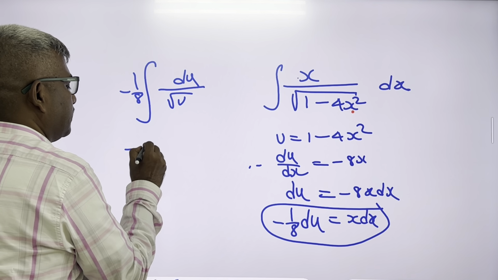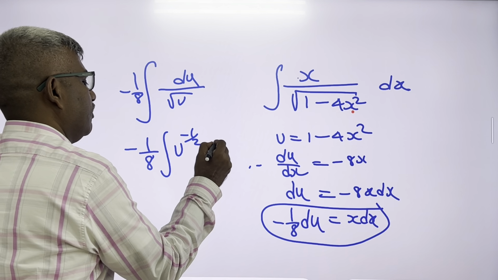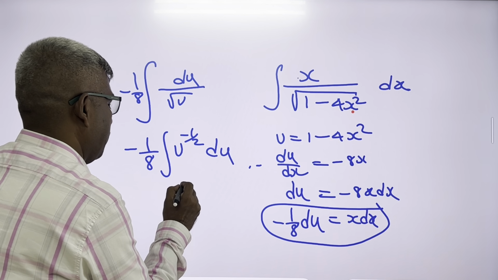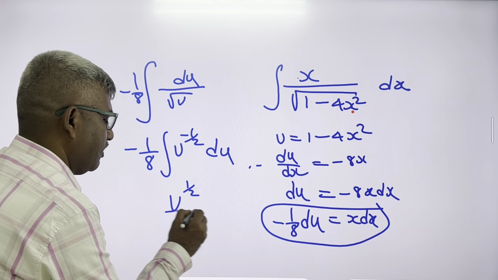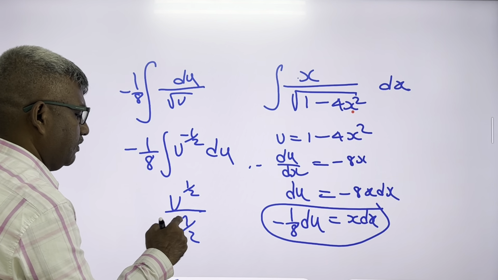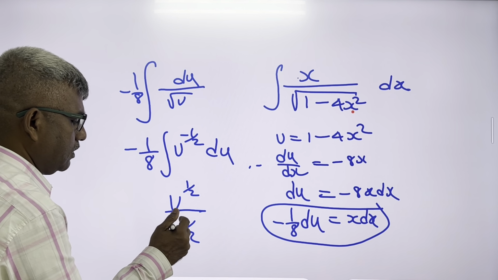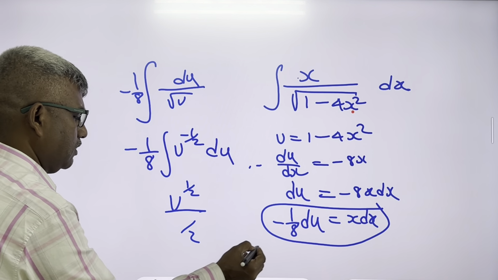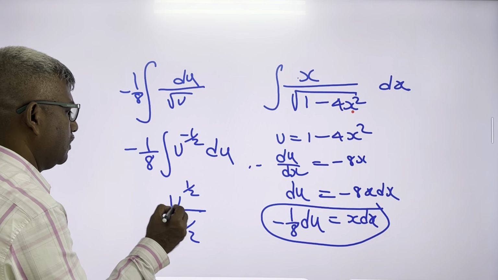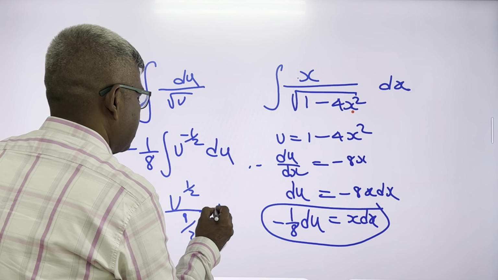So if you bring it up, what will happen? u power minus 1 by 2 du. u power minus 1 by 2, if you integrate, it will be u power plus 1 by 2 divided by 1 by 2, times minus 1 over 8, plus c.